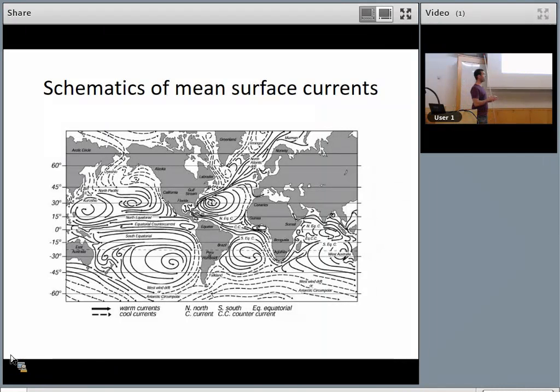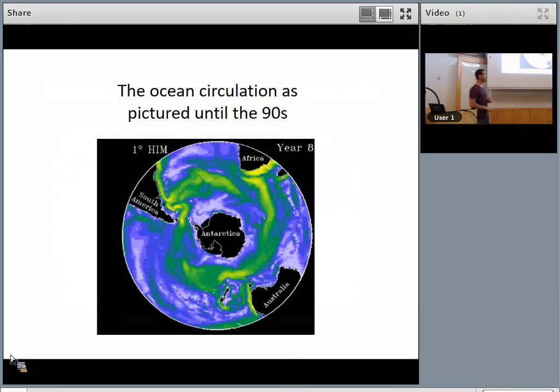This map is very static. It's a kind of mean picture of what's happening, right? And indeed, it's basically the way we were seeing the ocean until, let's say, about the 90s.